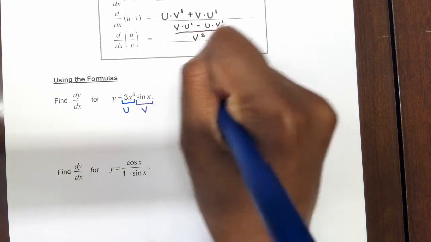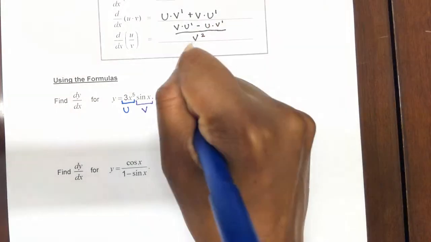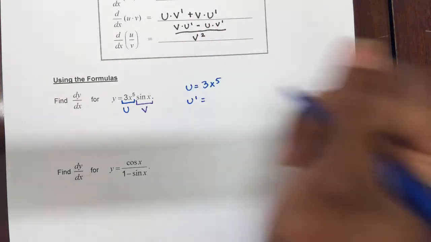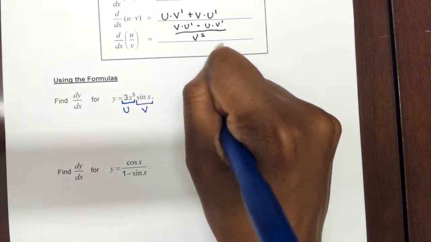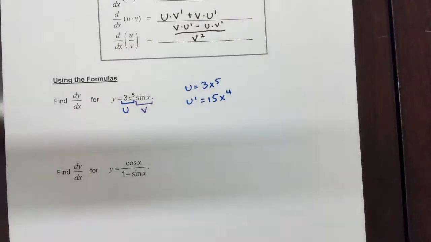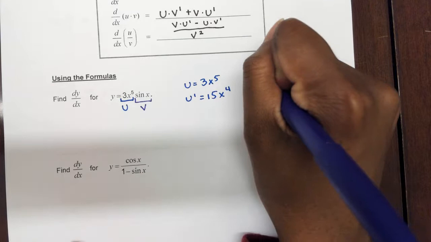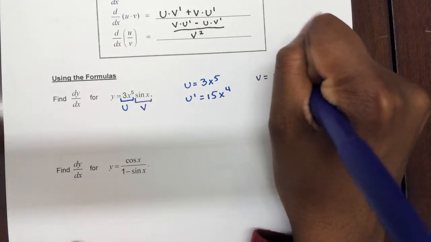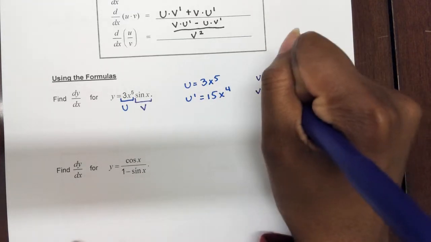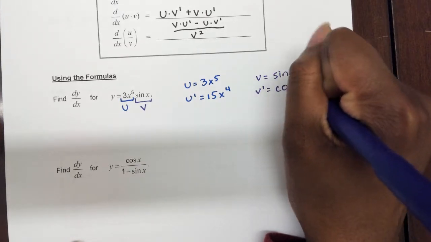So u is 3x to the 5th, u prime will be 15x to the 4th, v is sine x, v prime will be cosine x.